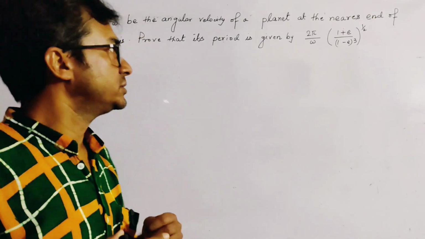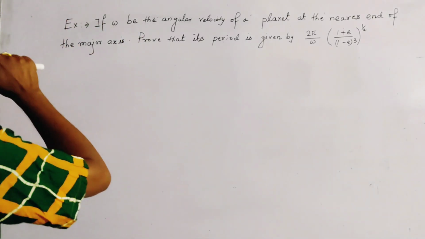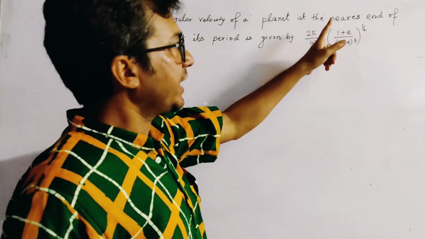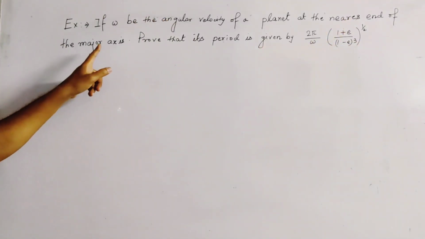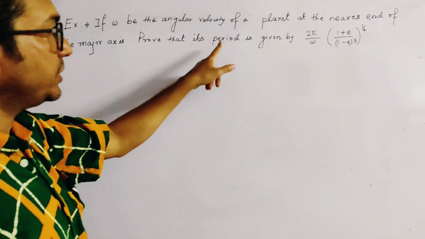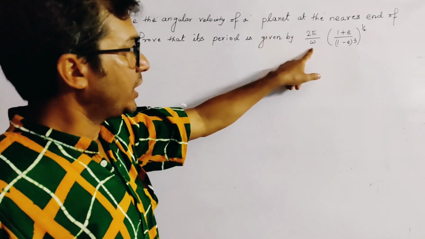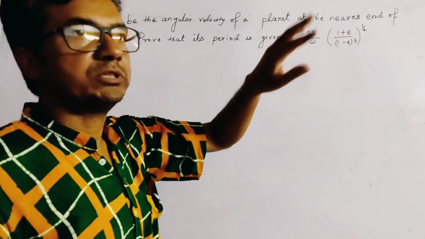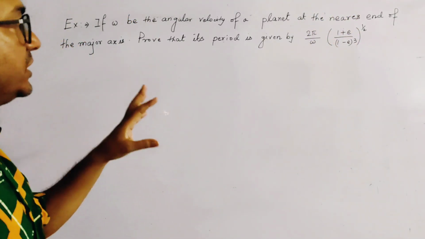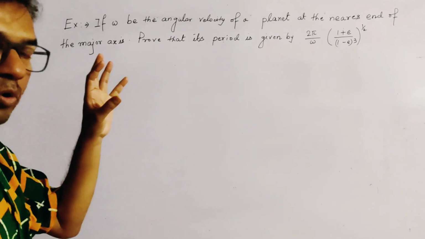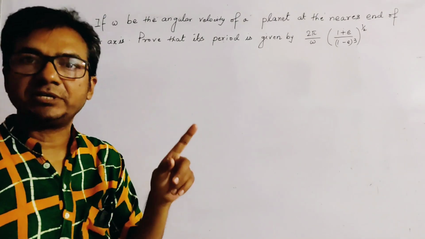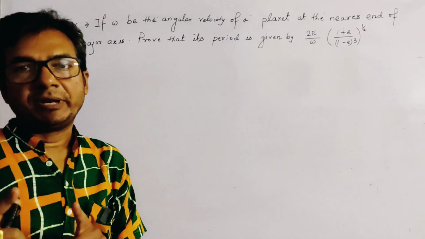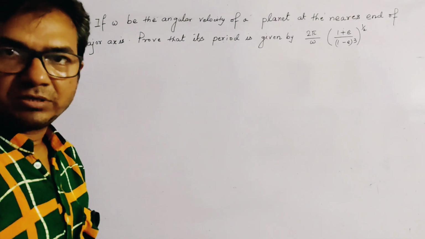The problem is: if omega be the angular velocity of the planet at the nearer end of the major axis, prove that its period is given by 2 pi by omega into (1 plus e by 1 minus e) whole cube, whole to the power 1/3, where e be the eccentricity of the orbit, that is the eccentricity of the elliptic orbit, because we know from Kepler's law the orbit of a planet is elliptic, right?